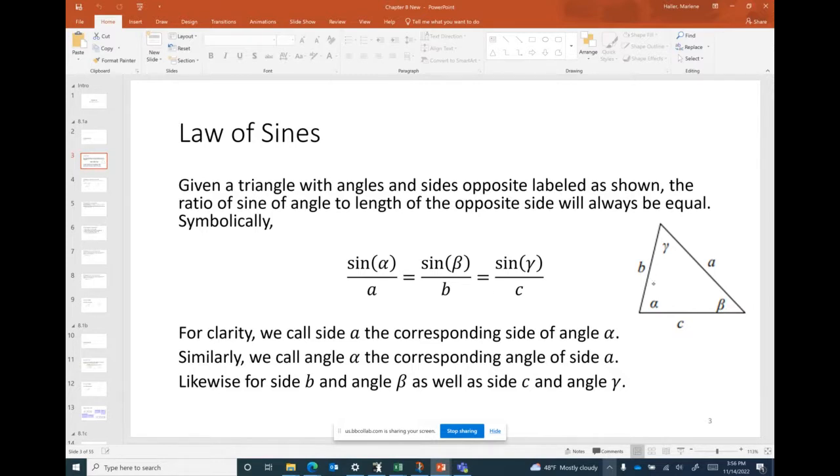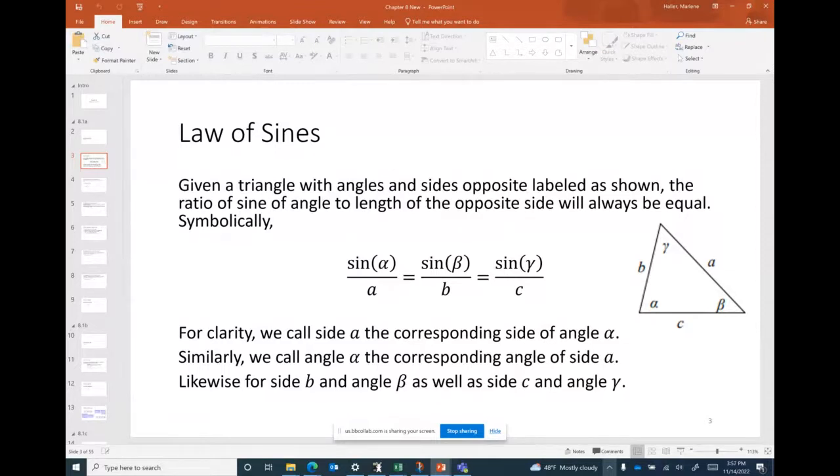So if we have a triangle and we label the angles alpha, beta, and gamma, and then the side across from alpha is side A, the side across from beta is side B, the side across from gamma is side C, then the law of sines says that the sine of alpha over A is equal to the sine of beta over B. It's also equal to the sine of gamma over C. This ratio of an angle measure to its opposite side is always going to be the same.